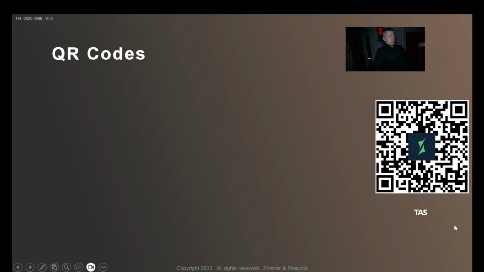But total antioxidative status, TAS, is an indicator for measuring the amount of antioxidants in a product. As a product degrades, the amount of antioxidants decreases, and so TAS is also a good indicator of shelf life as well. So each one of those QR codes is one app, but the app can be used for various analytes or food types.